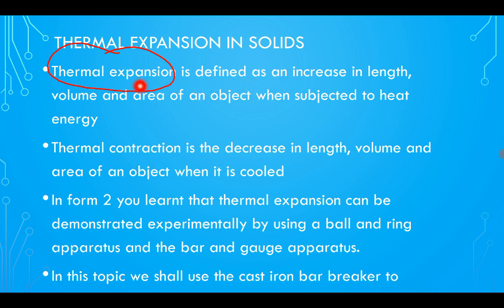Unlike when the body is being heated, the quantities that change are length, volume, and area. An examiner can ask you to state any two physical quantities that change when an object is heated. So the quantities that change are the length, volume, and area of that particular body.